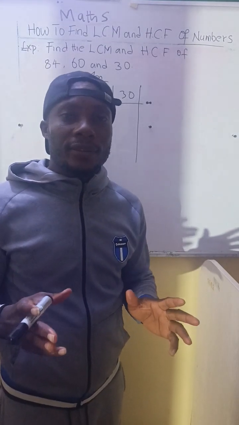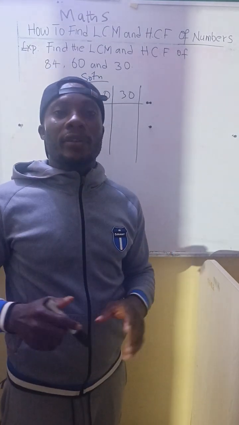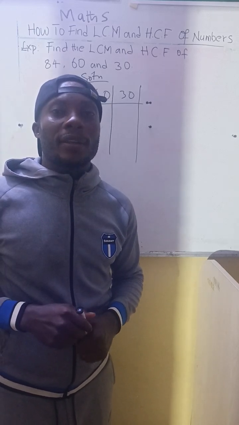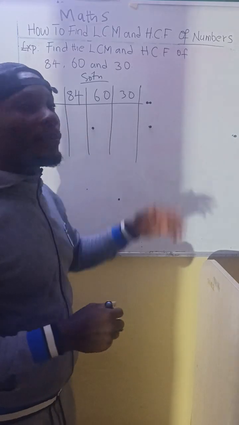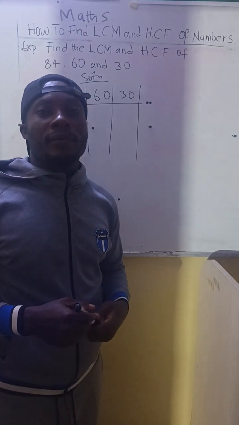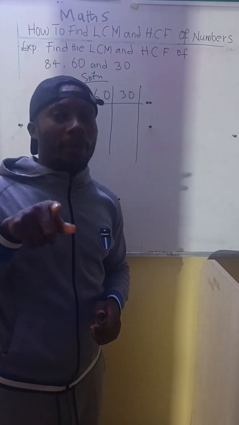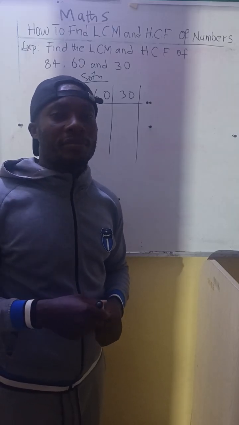And then the next thing is to think of any prime number that can divide these numbers. I know the only prime number that will come to your mind is 2.